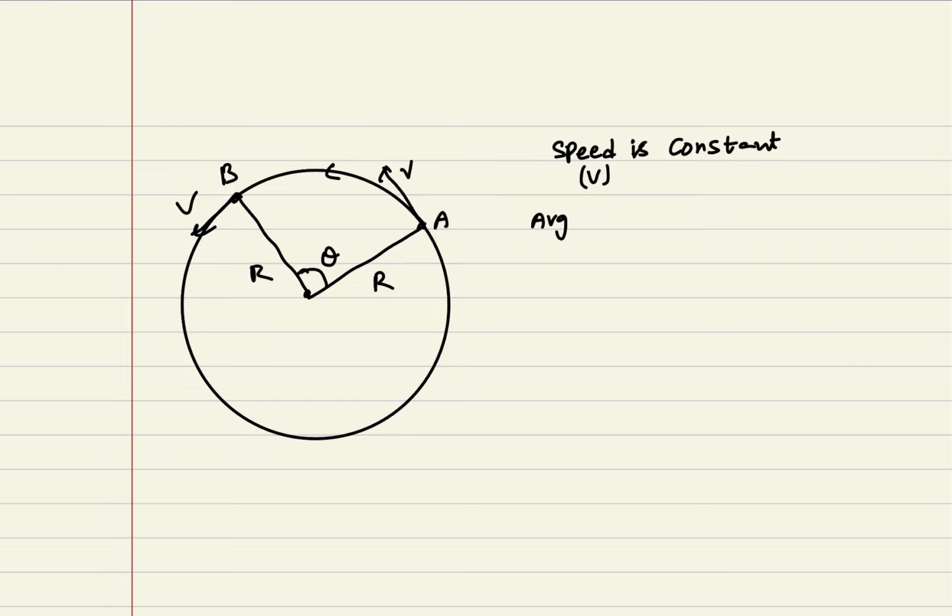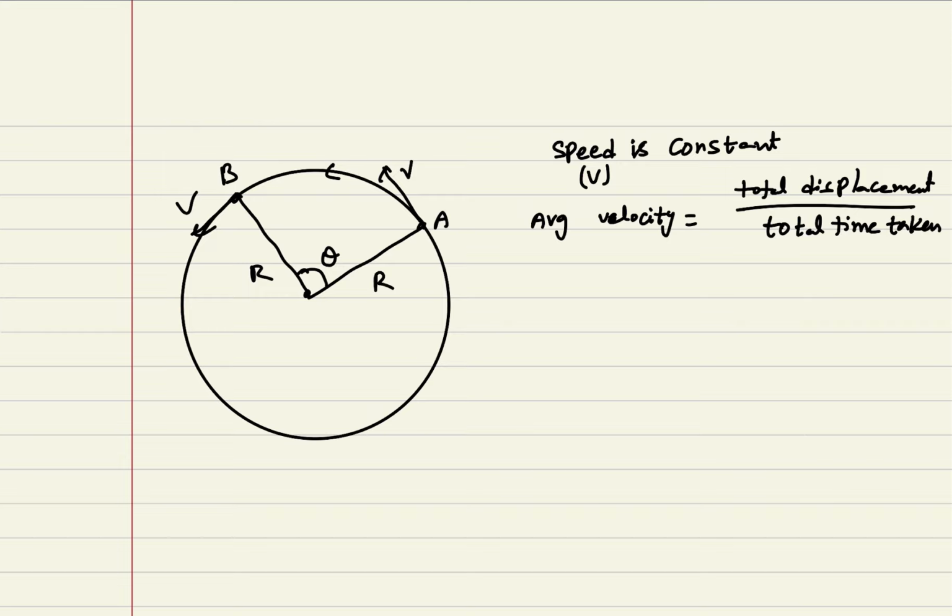In that case, if you want to calculate the average velocity, it can be written as total displacement by total time taken. What is the total displacement?